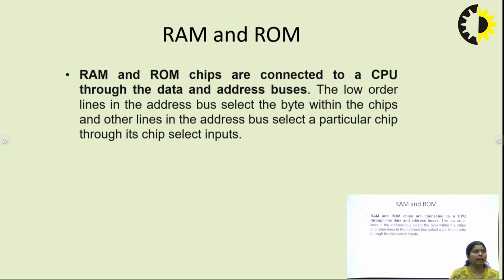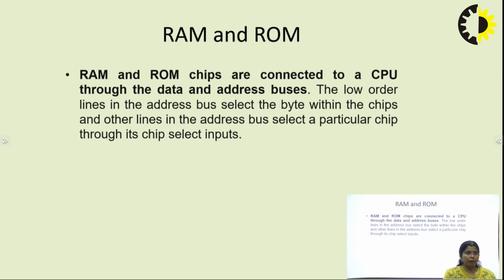That's why it is called random access memory. In read-only memory, we cannot update the data or information stored in it, but we can read that data. We cannot update it.